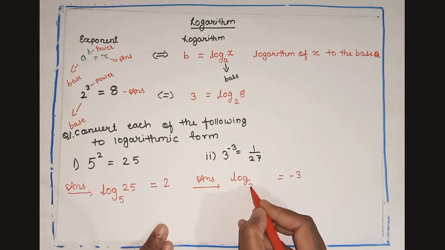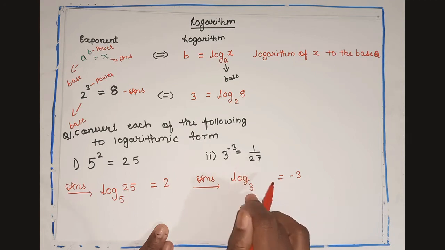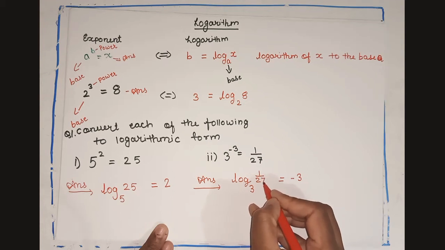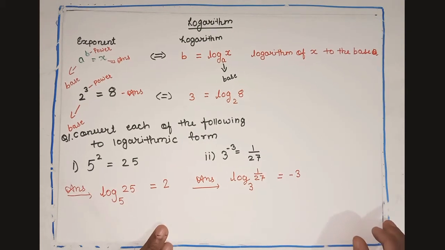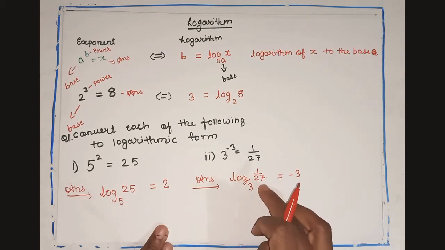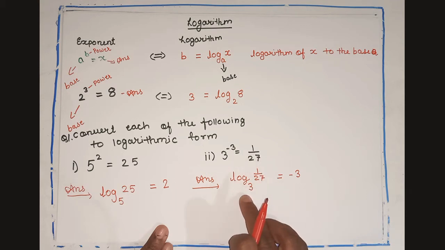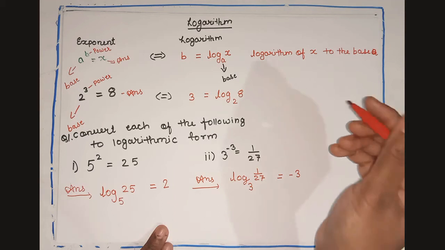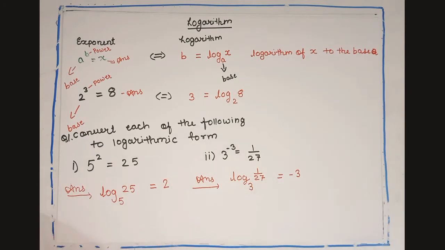The base is 3, so you write it as the base. Then this answer comes here, 1 upon 27. So log of 1 upon 27 to the base 3 equals minus 3. Then this is the conversion.